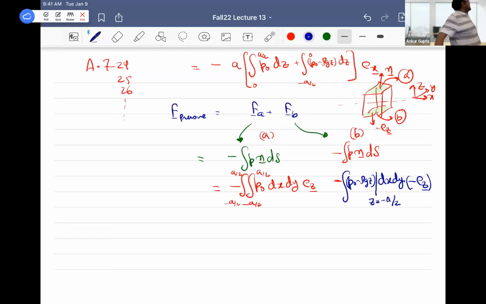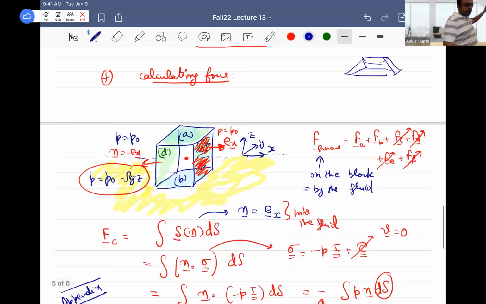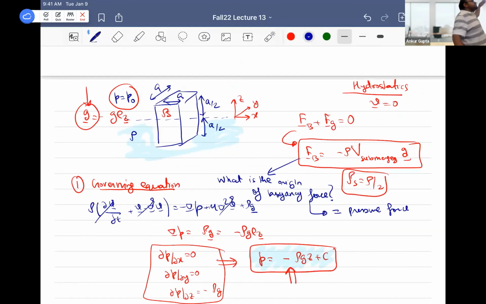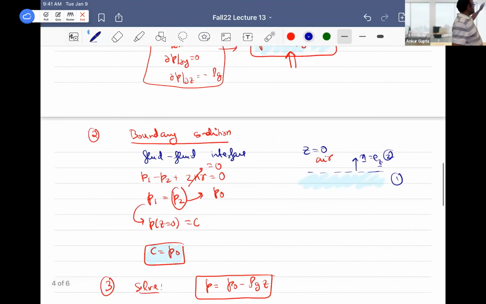So basically your pressure function will also change now. Good question. What Noah and Sophie are asking is, what if I change my coordinate system? I don't follow the idea that the origin is in the middle. I want my x, y, z to start from here. You can use that, but then your boundary condition will no longer say at z equal to 0, pressure is P naught.